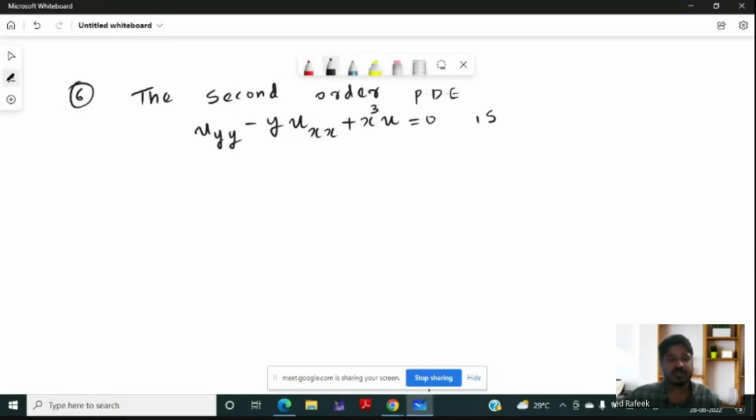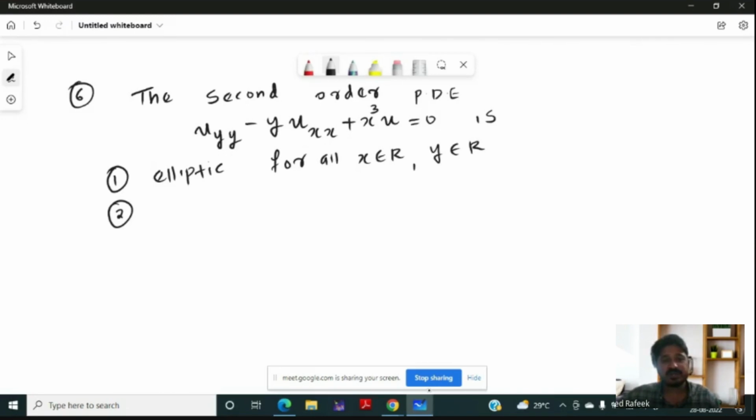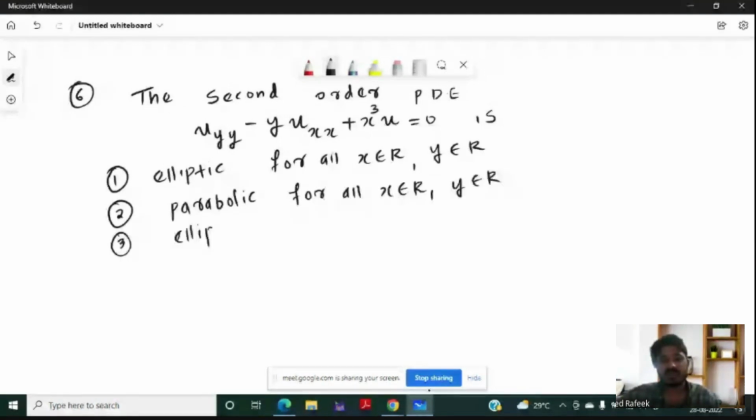Option 1: elliptic for all x belongs to R, y belongs to R. Option 2: parabolic for all x belongs to R. Option 3: elliptic for all x belongs to R, y less than 0.